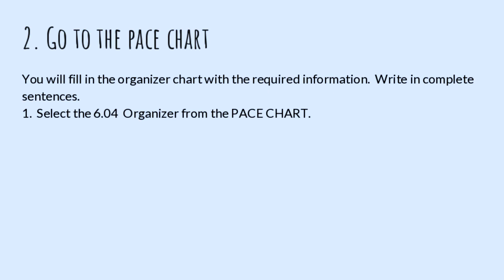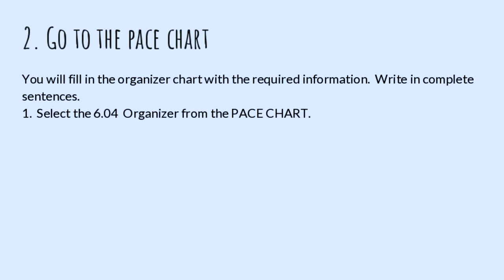It's not printed out. I want you to go to the pace chart. Okay, so once you're on the pace chart, I want you to go down to this week, which is week 2.